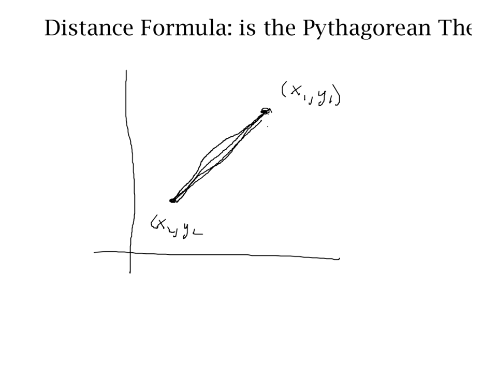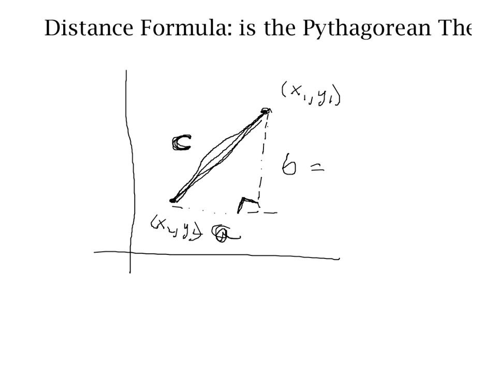Now if I drop a perpendicular down to here and a horizontal across, that's going to give me a right angle. And so I can use Pythagorean's theorem to find the hypotenuse, which is the distance between the 2 points.